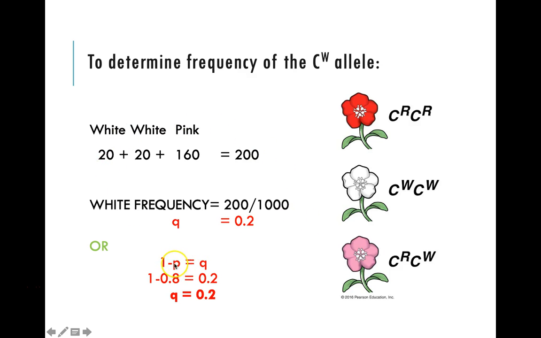If P plus Q equals 1, then 1 minus P equals Q, so 1 minus 0.8 equals 0.2. So we can get Q that way as well. Please make sure that you understand this calculation both ways and understand why you can use P plus Q equals 1 instead of calculating the allele frequency directly.